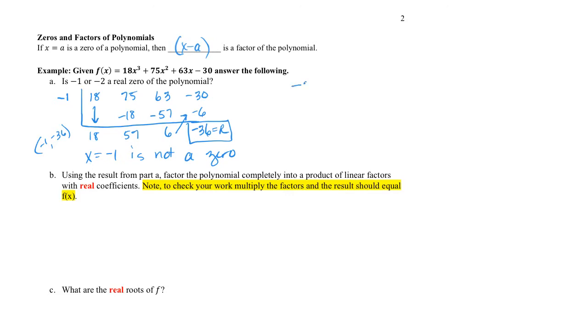All right, so let's try the other one, -2, again using synthetic division. 18 times -2 is -36, plus 75 is 39. 39 times -2 is -78, plus 63 is -15, times -2 is +30, and so the remainder is 0.